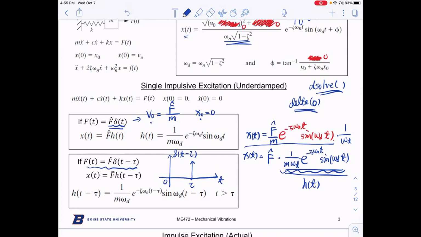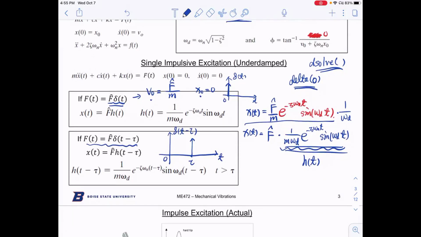If it's directly delta t, then your function is at time equal to 0. But if you put t minus tau as the input, then you manually delayed your impulse by tau. All right. So if it's delayed by tau, then your x(t) is just f hat multiplied by h delayed by tau, right?